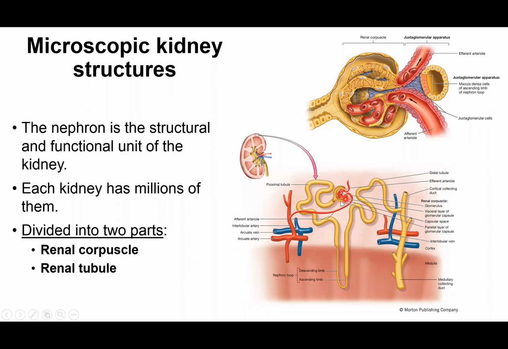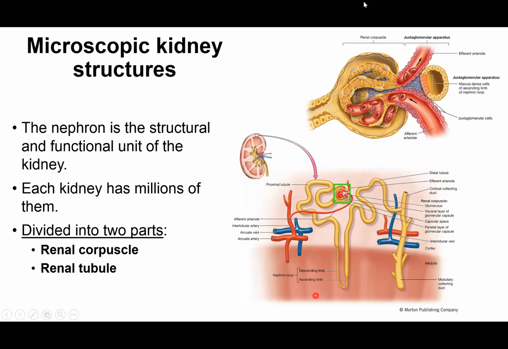You'll see it written in the literature sometimes as Bowman's capsule. So essentially the corpuscle is everything here. And then the tubule is literally every other yellow thing that you see on this picture.